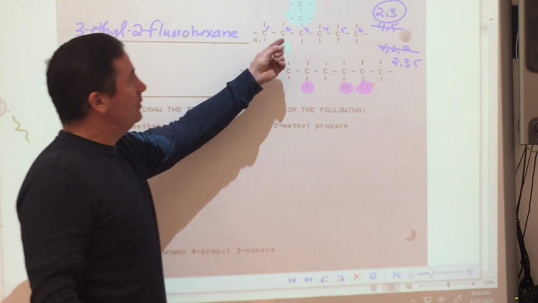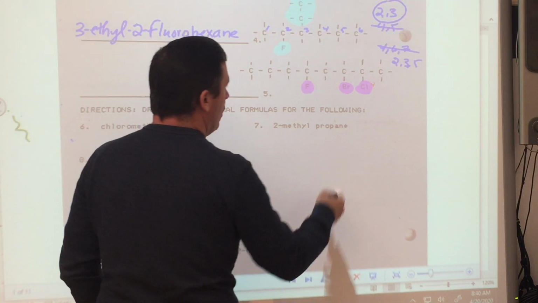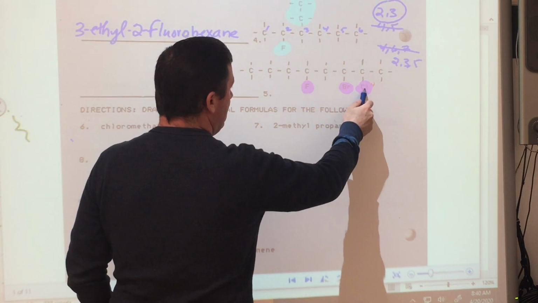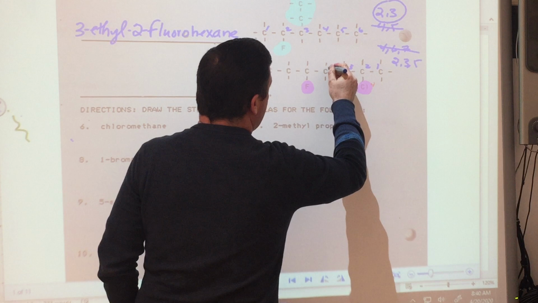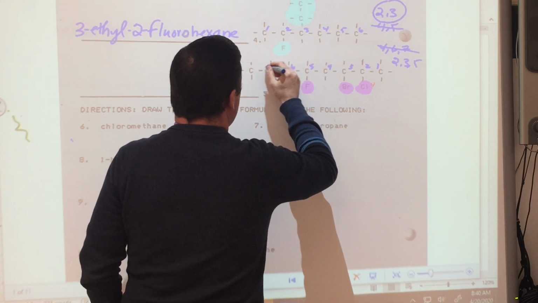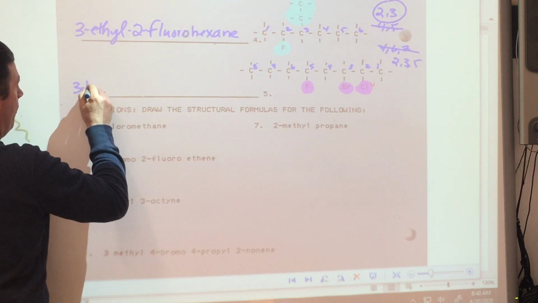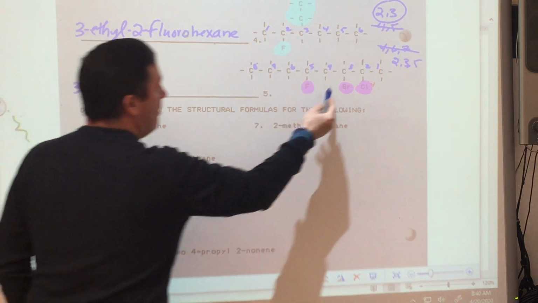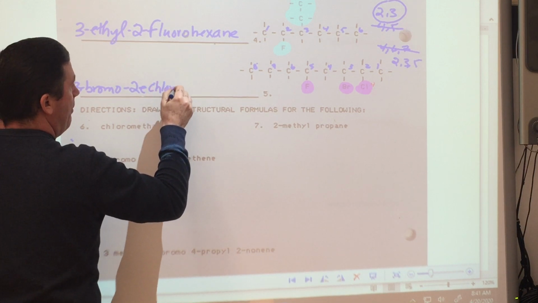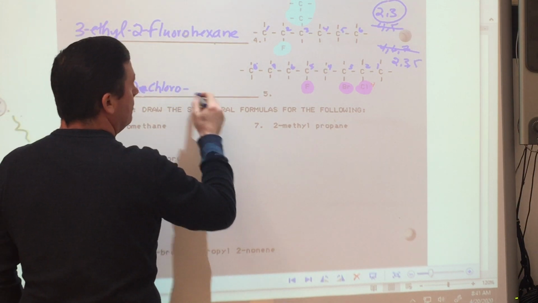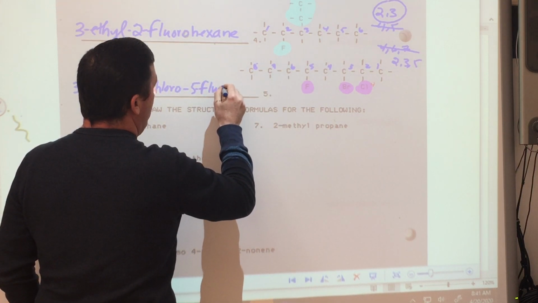It's the same thing up here. Which one do I put first? Again, it's going to go into alphabetical order. So what comes first? B comes before C, which comes before F. So here are my carbons, 2, 3, 4, 5, 6, 7, and 8. I've got 3 bromo, 2 chloro, whoops, dash chloro, 5 dash fluoro.